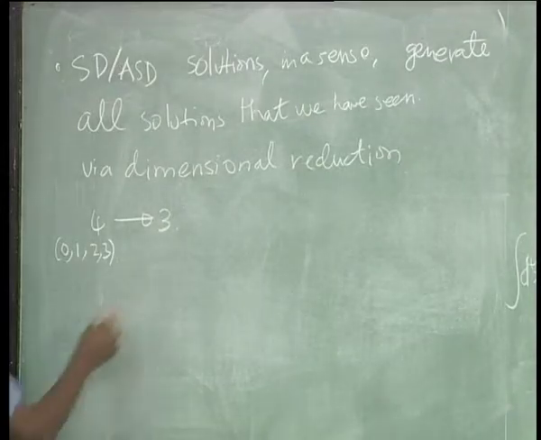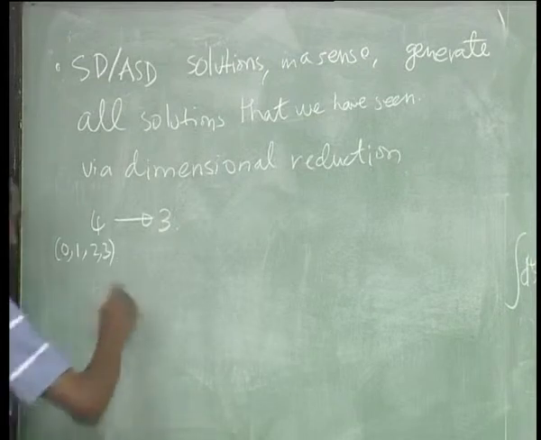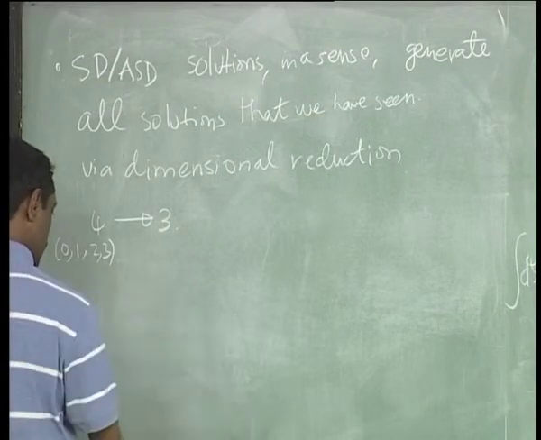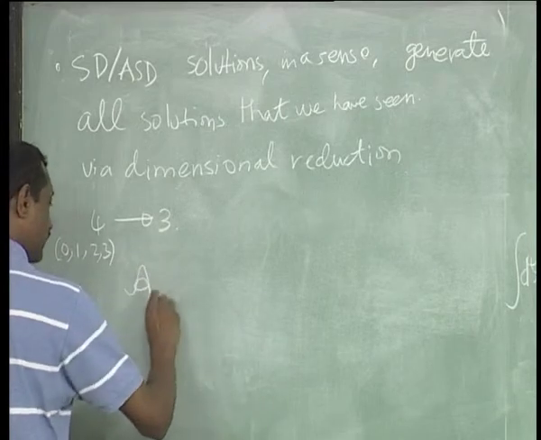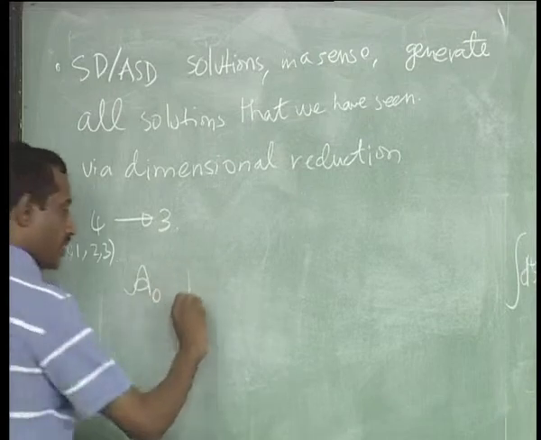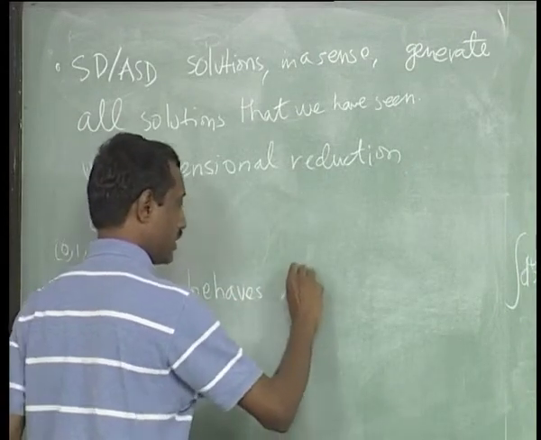We have already seen this idea, we say that things are independent of this coordinate. And so, this A0 behaves like an adjoint scalar.